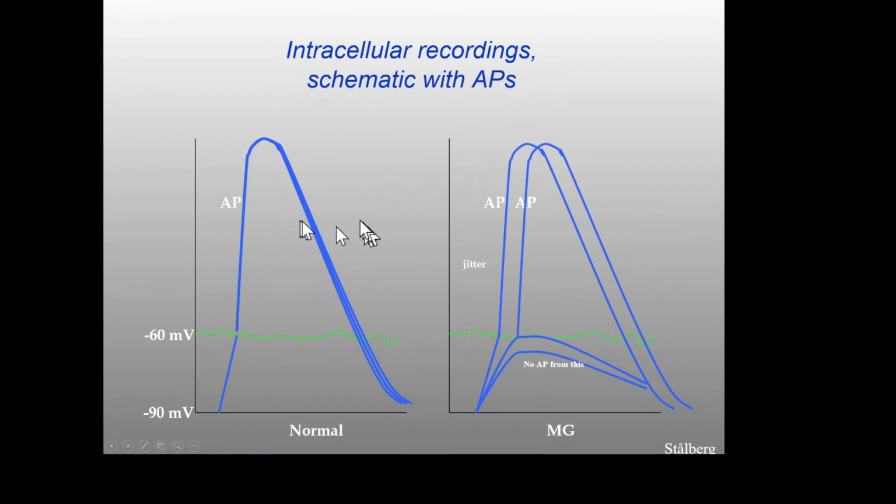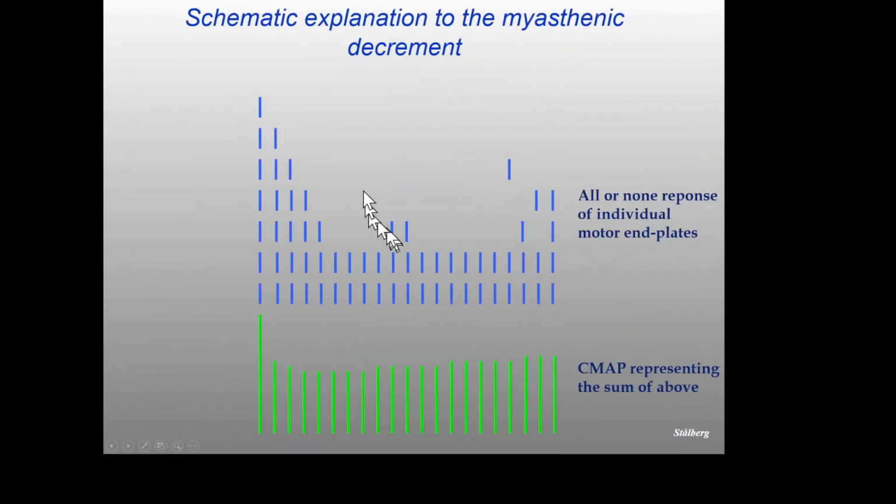These are all or none phenomena. Either they are there or not. And here is what we see in the myasthenic example, where the first stimulus gave a response, the second one with variable delay here, and the third one does not give a response. And this is the basis for the decrementing response.